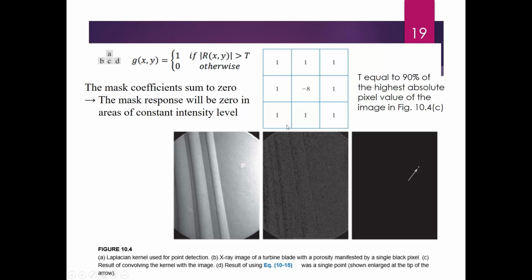C results when we convolve this Laplacian operator with the input image, denoted by r of x comma y. And if we apply a thresholding condition where T is equal to 90% of the highest absolute pixel value, then we get an isolated point.